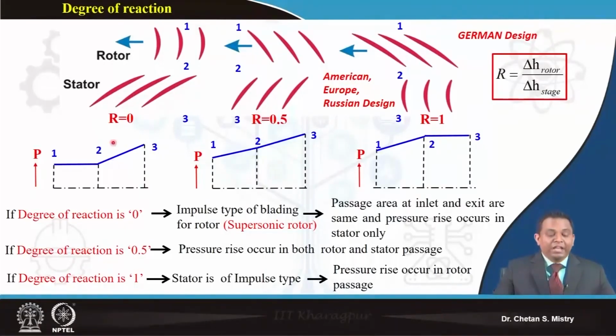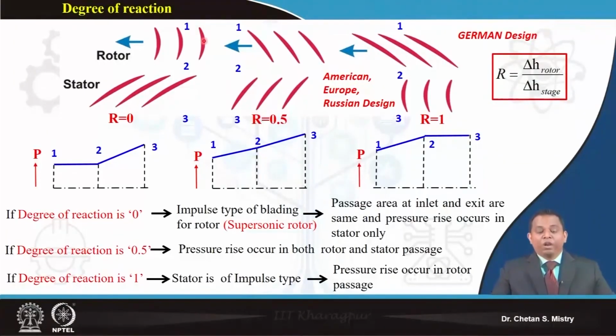Because this makes a diffusing passage, I will have a rise of pressure from station 2 to station 3. So when my degree of reaction is 0, there is no pressure rise happening in my rotor. The whole diffusion or pressure rise happens only in the stator.